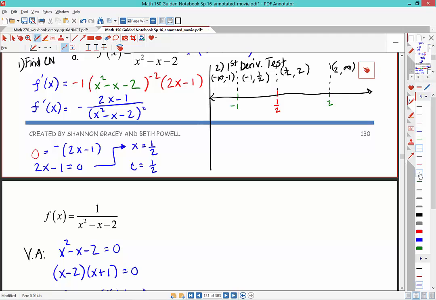So if we test, maybe -2 can be a test value, 0 could be a test value, 1 and 3 could be test values.